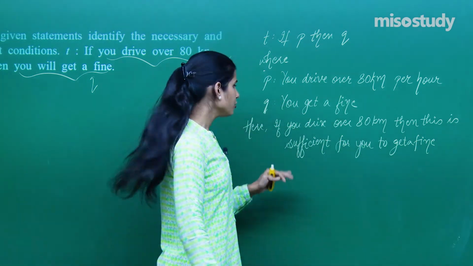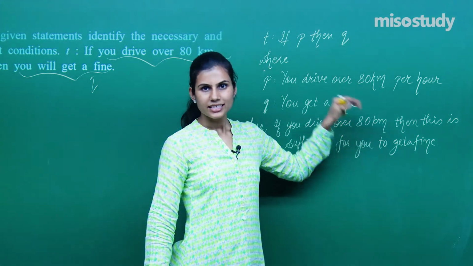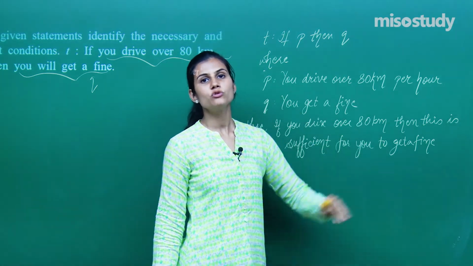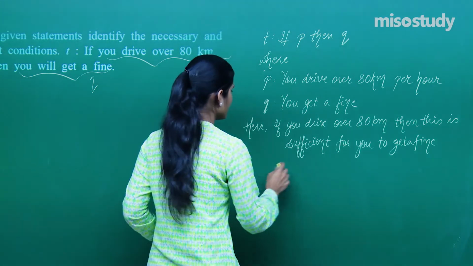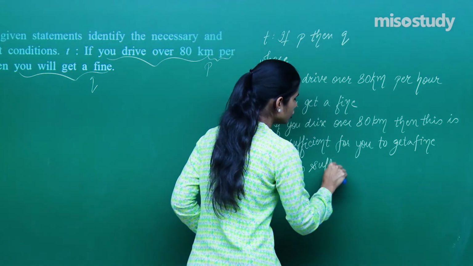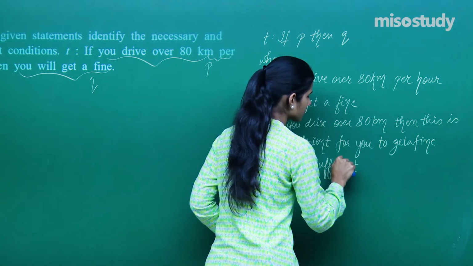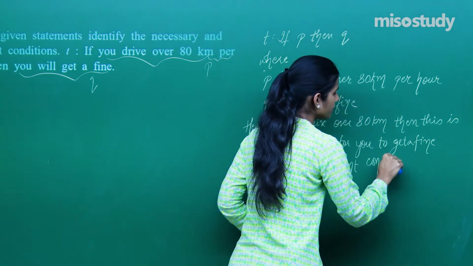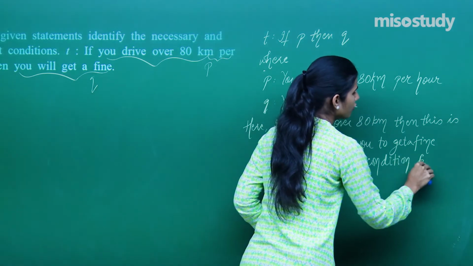The moment you drive over 80 kilometers, this is sufficient condition for you to be imposed a fine. Therefore, P is sufficient condition for Q.